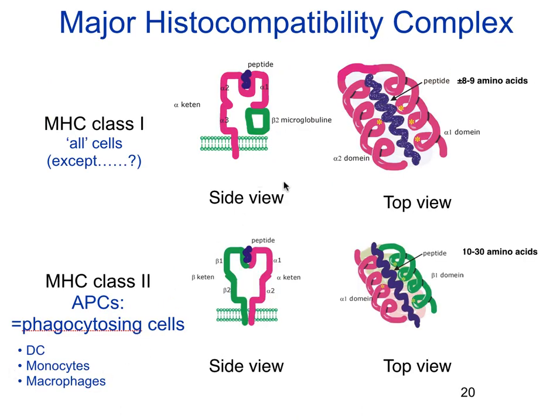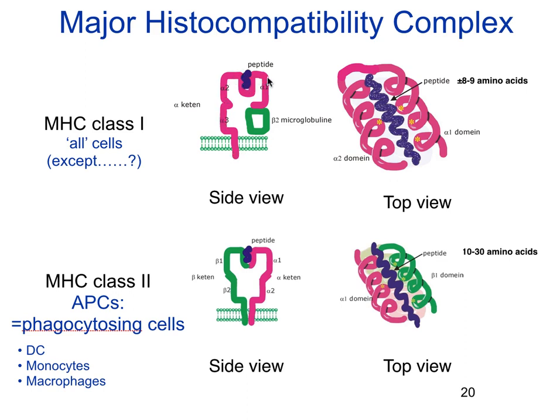So what do these molecules look like? Well, actually we have two types. We have major histocompatibility complex 1 and 2. They're slightly different, and their expression patterns are also different. MHC class 1 is present on all cells except red blood cells, because red blood cells don't have nuclei, so they cannot express MHC class 1. But all other cells have MHC class 1, and it looks like this from the side.